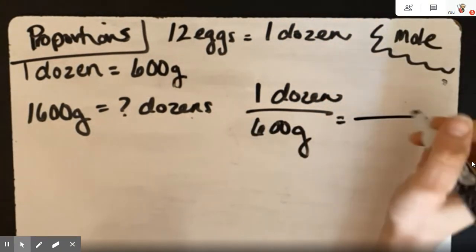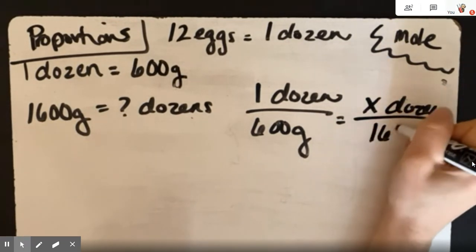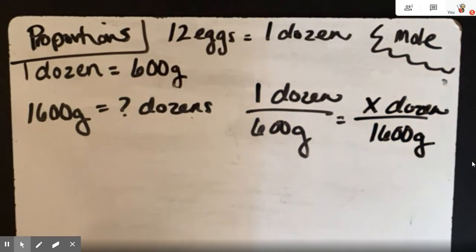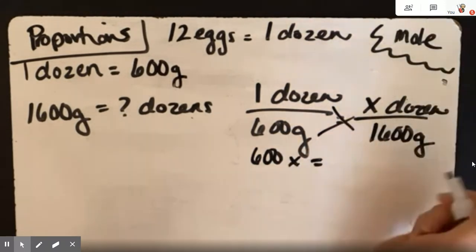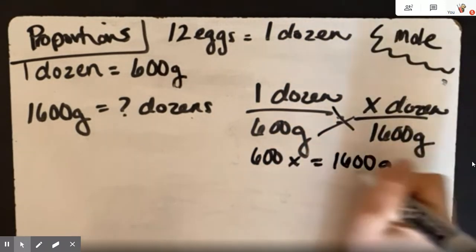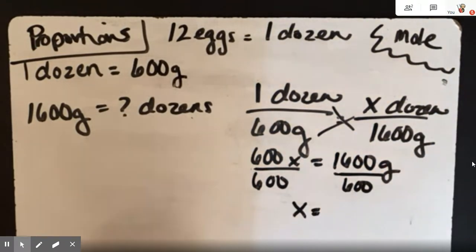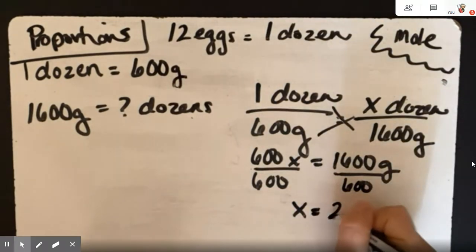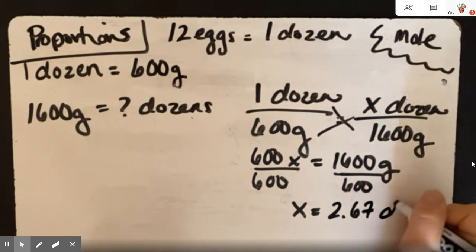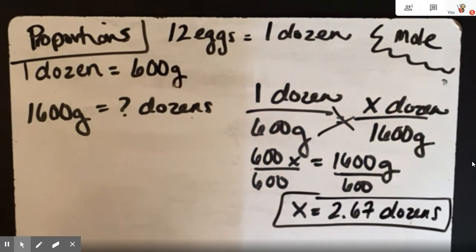And now I want to know how many dozens is 1,600 grams. Again, we cross multiply, we solve for x. We have 600x equals 1,600 grams. Divide both sides by 600 in order to solve for x, and we would find that x is equal to 2.67 dozens. So somewhere between 2 and 3 dozen eggs weighs about 1,600 grams.